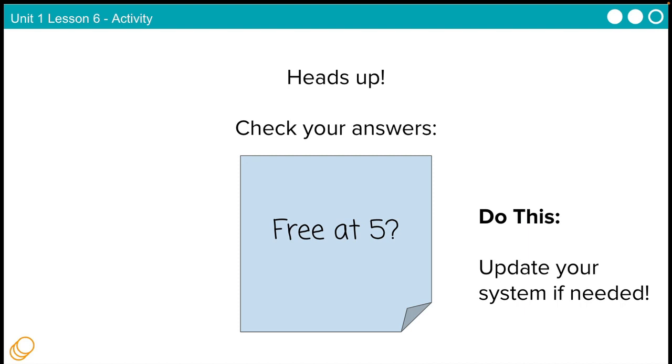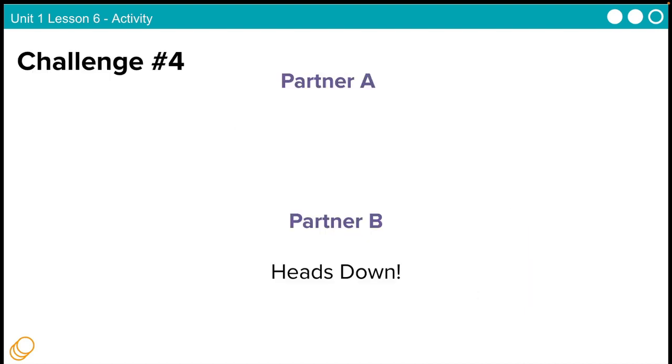Okay, was anything missing? How did you represent the number? Did you also have a question mark in your system? Okay, so update your system. Is there anything you want to add? Okay, and we'll continue going.